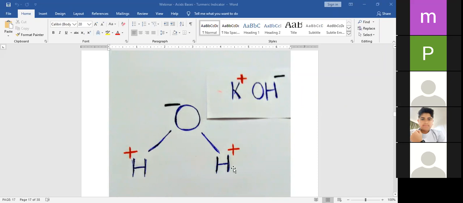It will react with H plus. OH minus plus H plus combines to give water. That means it is reducing the number of H plus ions in water. So we know that bases contribute OH minus ions when dissolved in water, which means they reduce the number of H plus ions in water.